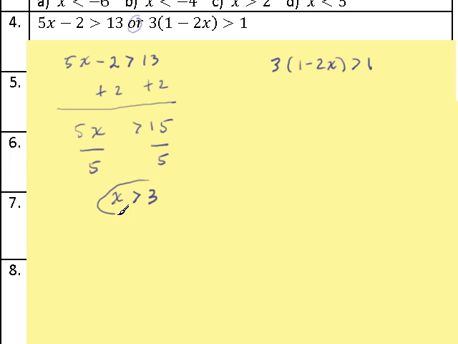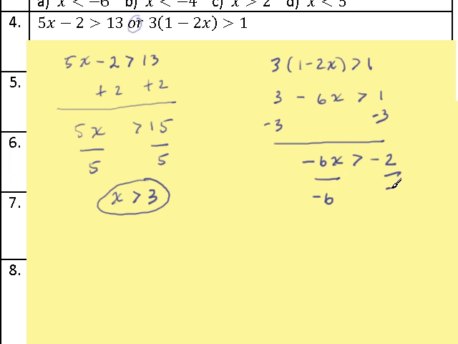And here multiply by 3. 3 minus 6x greater than 1. We'll subtract 3. Minus 6x greater than minus 2. And now we're dividing by a negative, so we switch direction. And we have x less than 1/3.